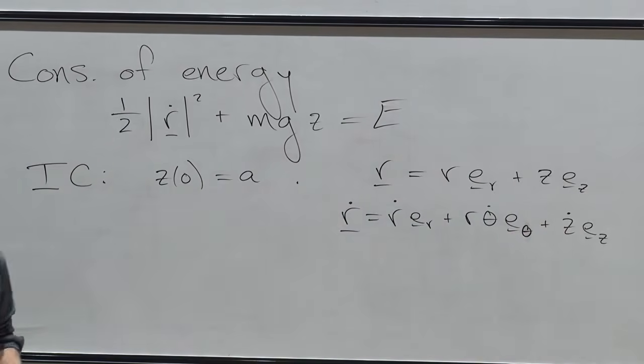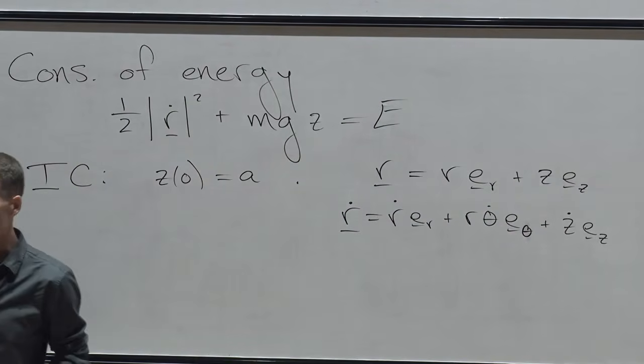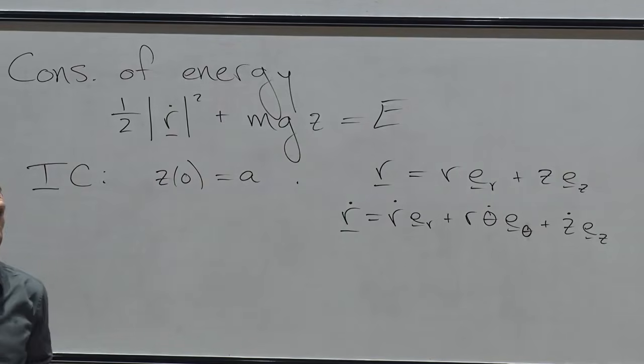What does it mean projected horizontally? We're saying something about this vector, which is the horizontal direction, theta. So that statement, projected horizontally with speed v, means the vector at t equals 0 is only in the theta direction and its magnitude is v.